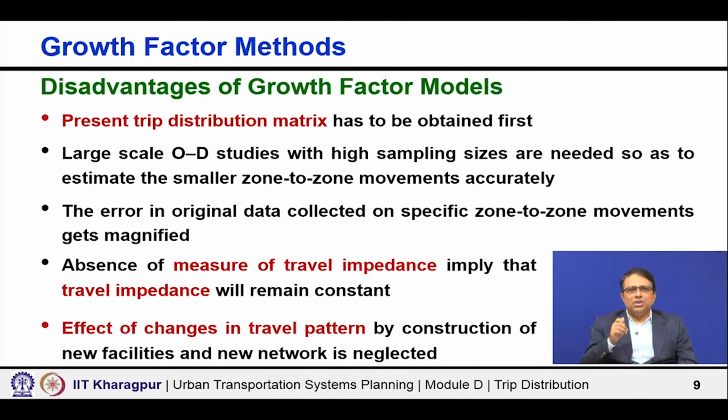So, when the transportation system changes significantly, either it improves or it deteriorates, in both directions there will be an impact on the trip distribution, but we are not bringing the transportation system into consideration in any of these methods or any of these models, growth factor based models or the overall growth factor method.